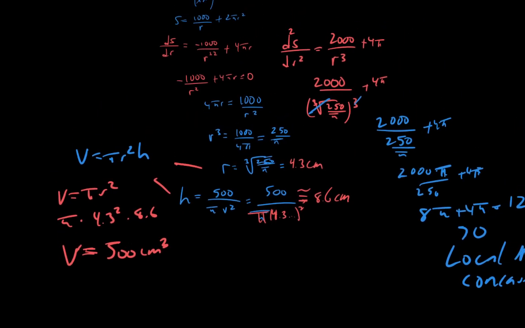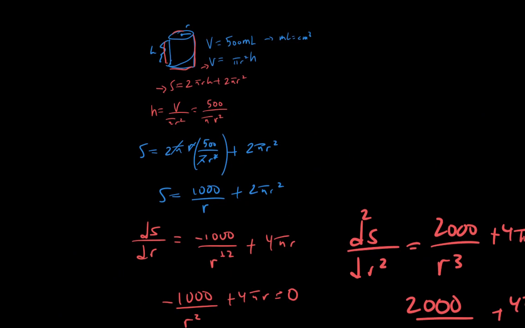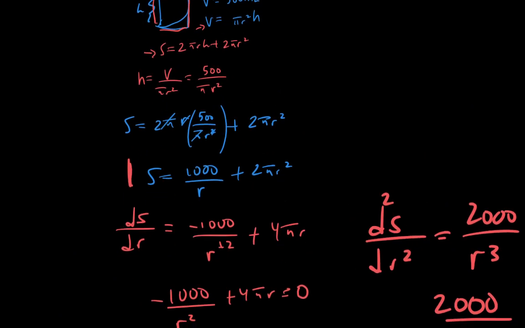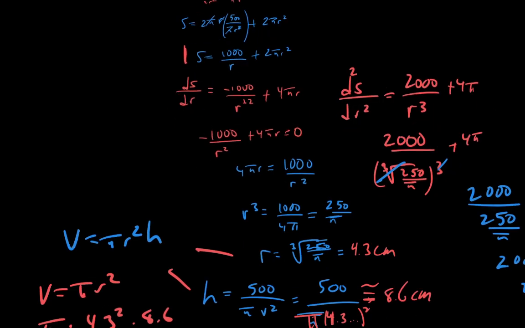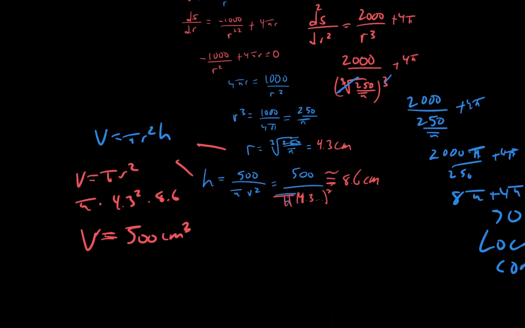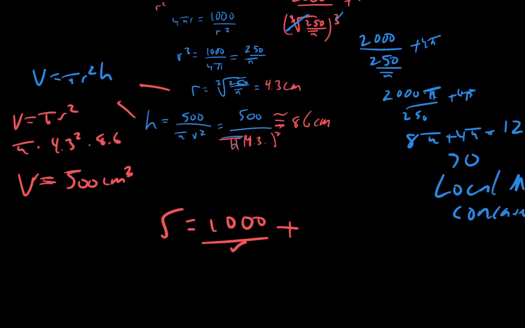Our surface area then, what was our surface area? We said it was 1000 over r plus 2 pi r squared. So we can plug that in. S is equal to 1000 over r plus 2 pi r squared.